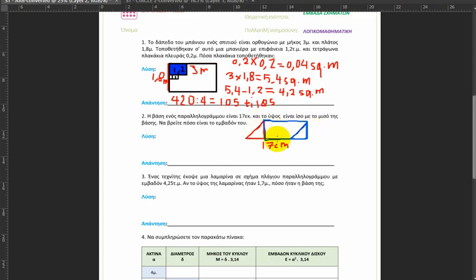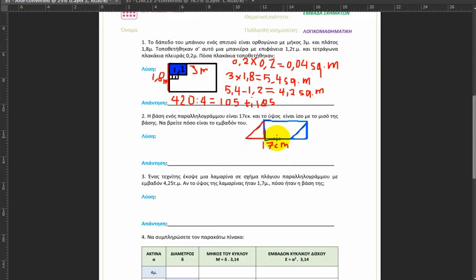Now, if this was a normal rectangle, so if we cut this piece of the parallelogram and stuck it back here in its original position, how would I find its area? What I would do is multiply this side with this side.